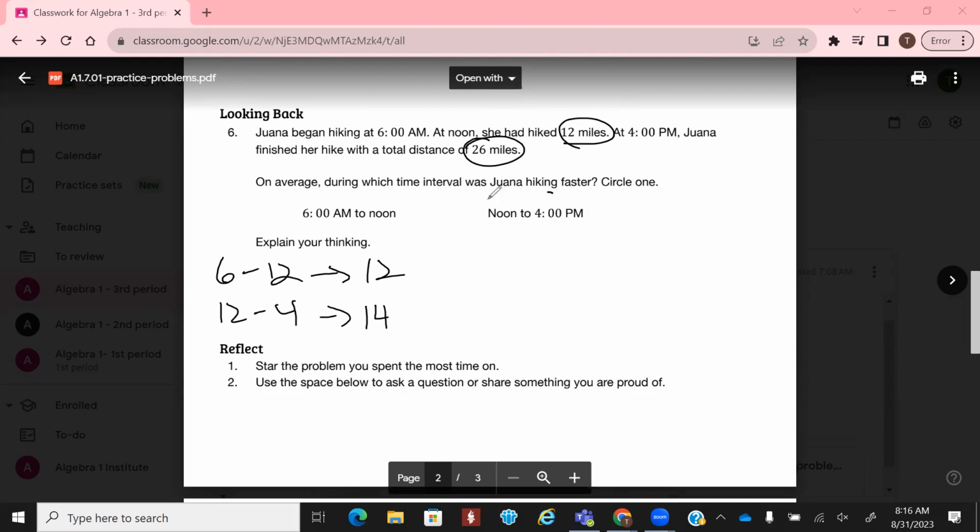So she hiked faster from noon to 4 because she was hiking more in a short amount of time. Does that make sense? In 6 hours, she hiked 12. In 4 hours, she hiked 14. But she was booking it in that last bit. She was like, I gotta get this done.